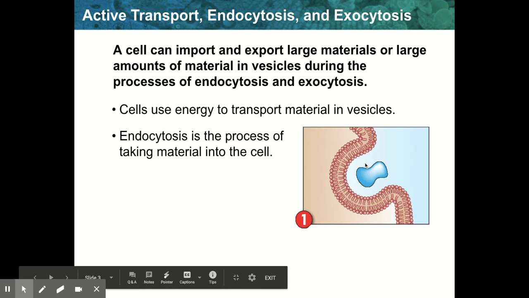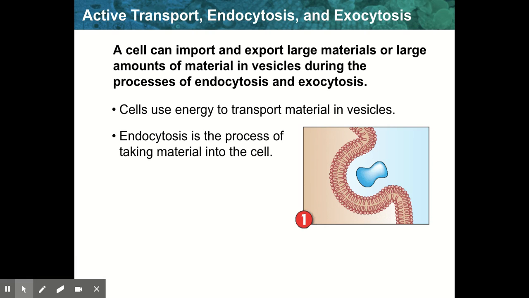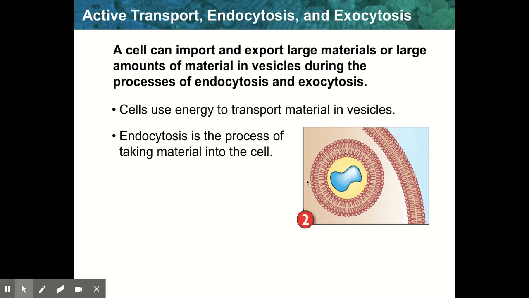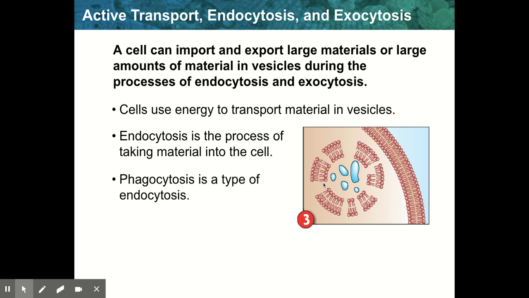Oftentimes, endocytosis involves consumption of food, if you will. So this becomes like a food vacuole. And then we can see that the cell membrane has essentially engulfed the entirety of this blue blob here. And then that membrane gets broken down, and that blue blob gets digested.